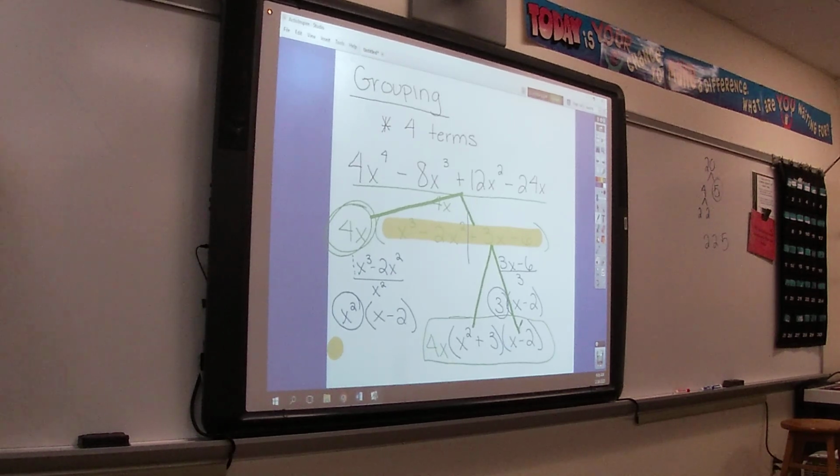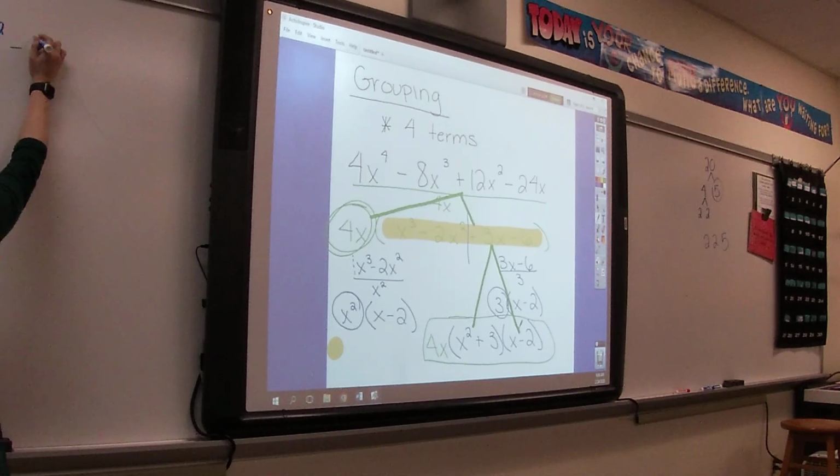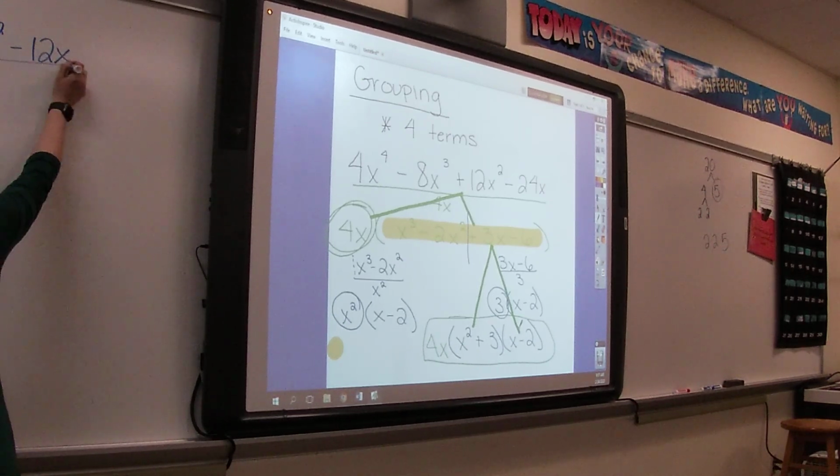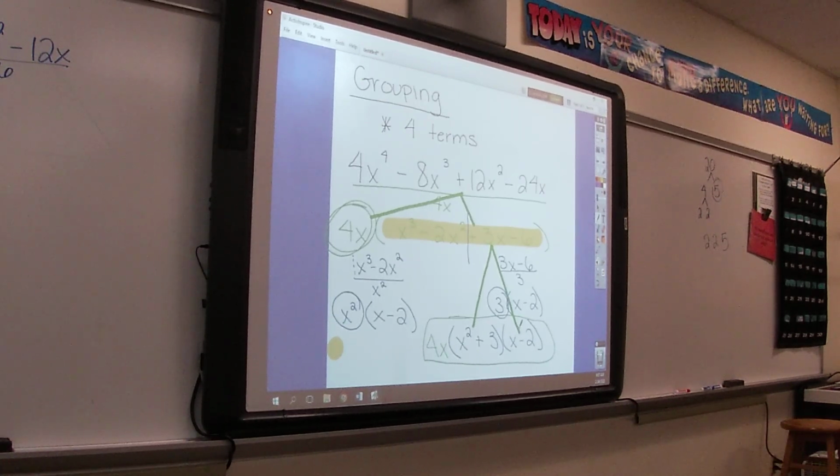I'm going to pick something that's maybe easier. Let's say I wanted to factor this. What might you do first, Kaden? So it's 6x. Okay, so you might factor out a 6x. I'm not going to factor out a 6x. I'm going to be like, ooh, I didn't see that, so I'm just going to factor out a 6.